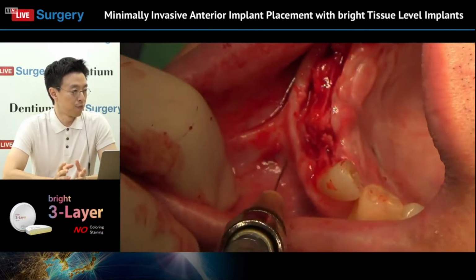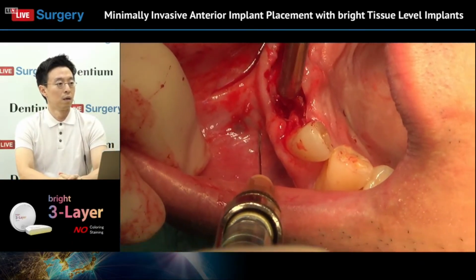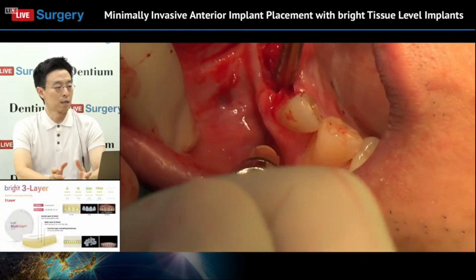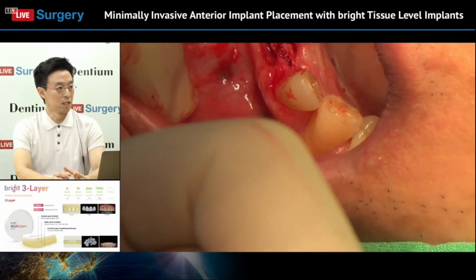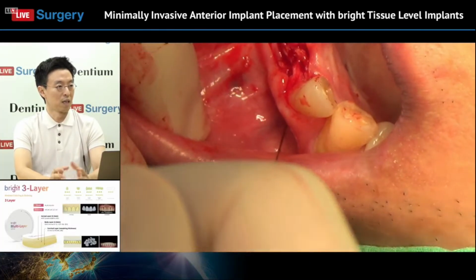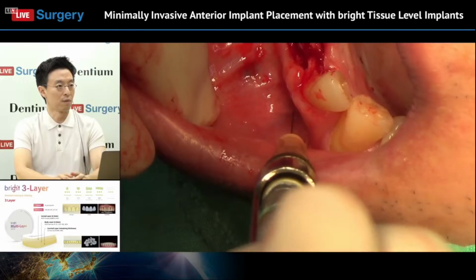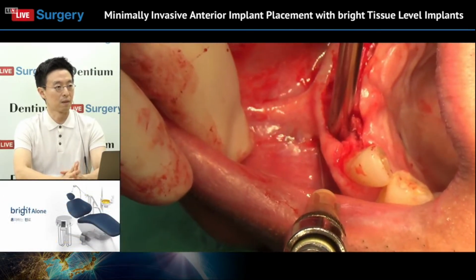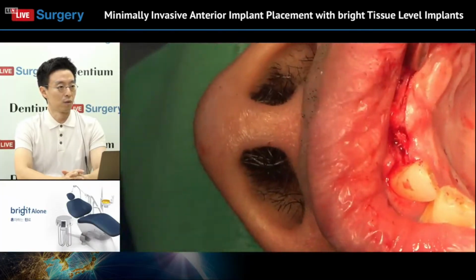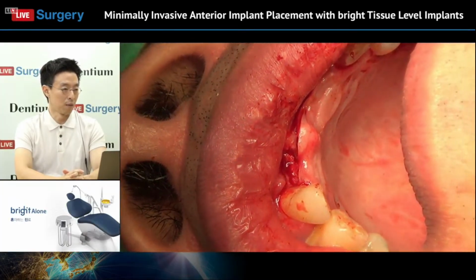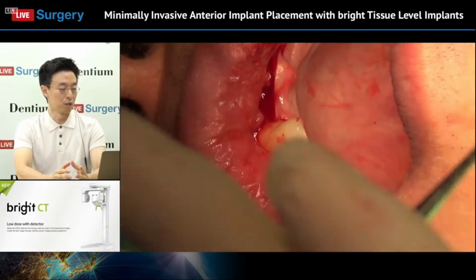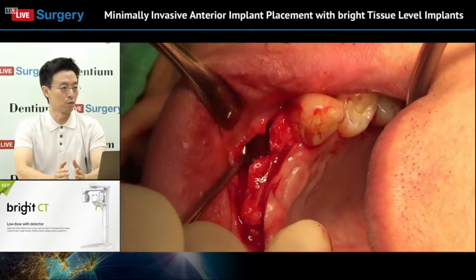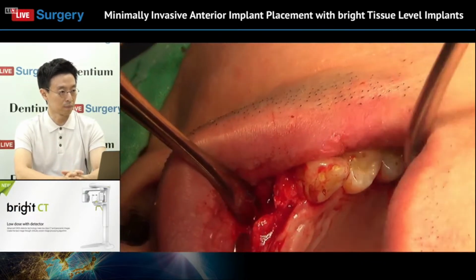In spite of thick gingiva, the thickness of alveolar bone was very thin. So after periosteal elevation, I decided to use Bright Tissue Level narrow implant fixture.